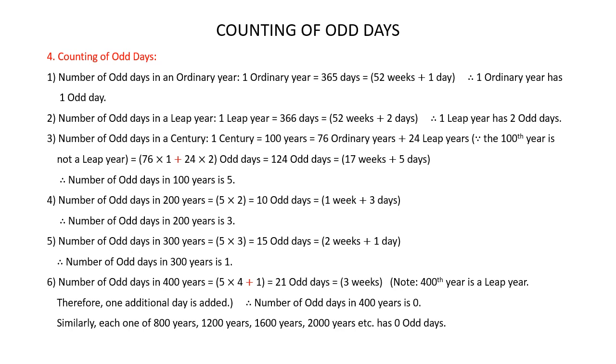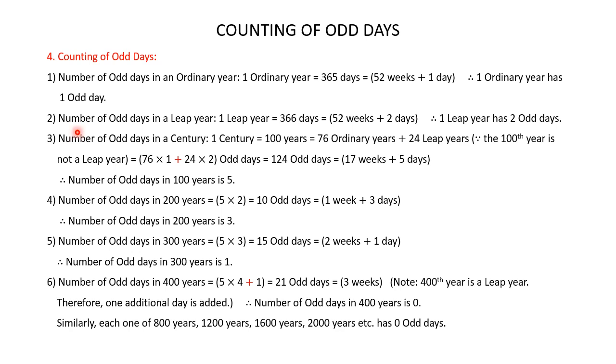So 365 divided by 7 will give 52 as the quotient and 1 as the remainder, which means one ordinary year has 52 weeks and one odd day. So one ordinary year has one odd day.